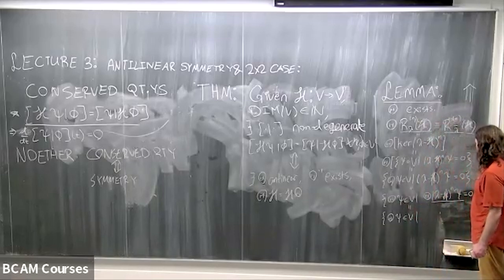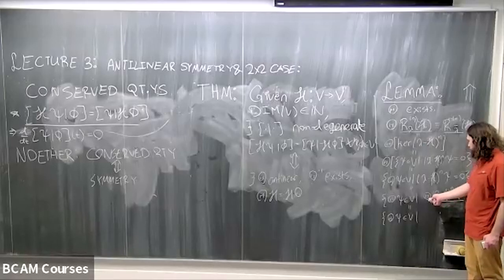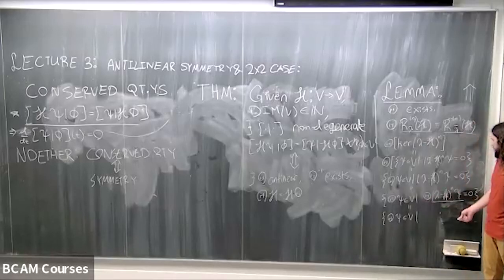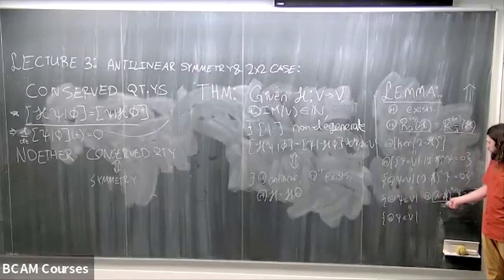Okay, so we know that theta commutes with identity and theta commutes with H. So if I want to commute theta through here, it mostly carries through, but the thing I have to be careful with is that by commuting theta from the left-hand side of these parentheses to the right-hand side of these parentheses, it converts lambda into lambda conjugate.